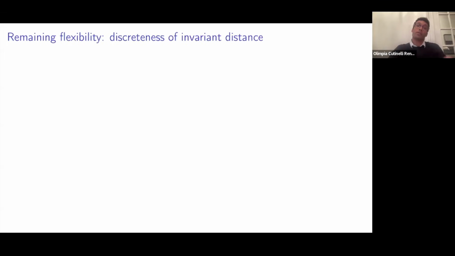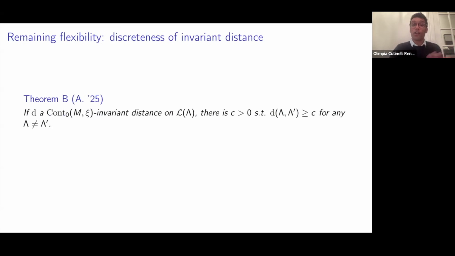In some sense, it's a remnant of the flexibility. We had some rigidity that allows us to construct unbounded distances, but there is still a lot of flexibility, more than in symplectic geometry, because in symplectic geometry you can have a Finsler type distance. Here you have too much flexibility to expect a Finsler type distance.